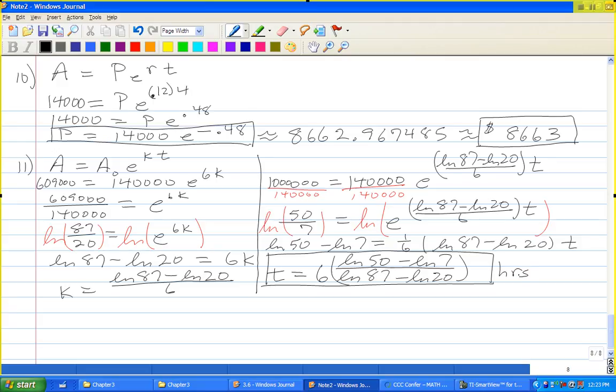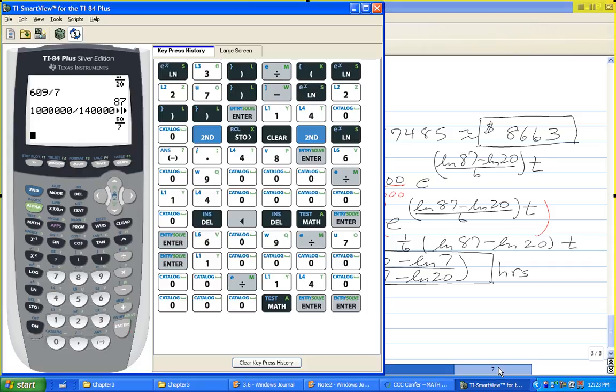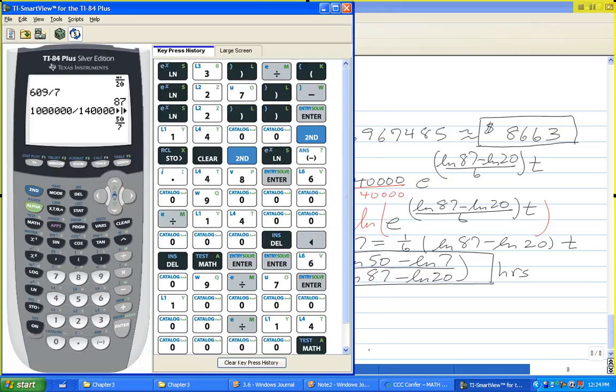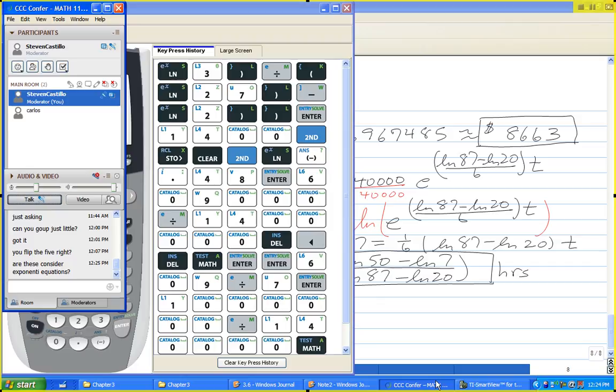And so t is approximately, plug that in. Yes, these are exponential equations.